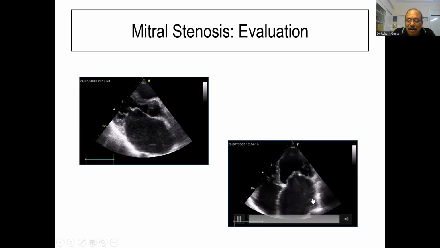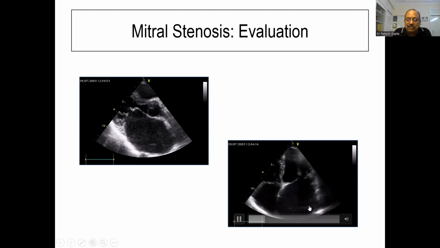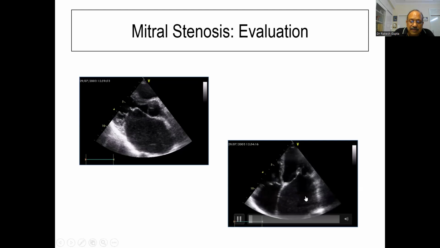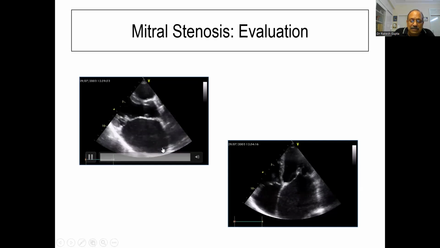Because MR will not let this echo contrast stay over there. It is like, suppose your water is stagnant. If you put a hand inside the bucket and stir that water, the stagnation, this is stagnation of blood flow. Yes, sir, it will go. So whenever you have an MR, you will not be able to find a clot or a thrombus.